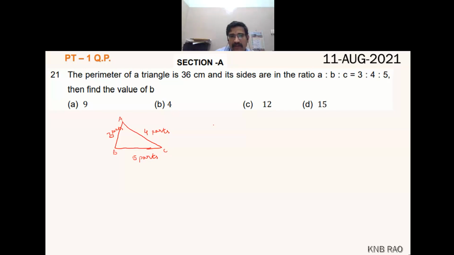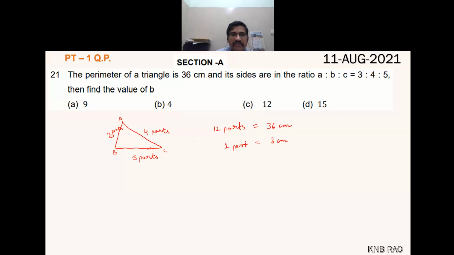Now, total together it is 12 parts, where 12 parts is the perimeter, which is equal to 36 centimeter. It means one part is 3 centimeter.